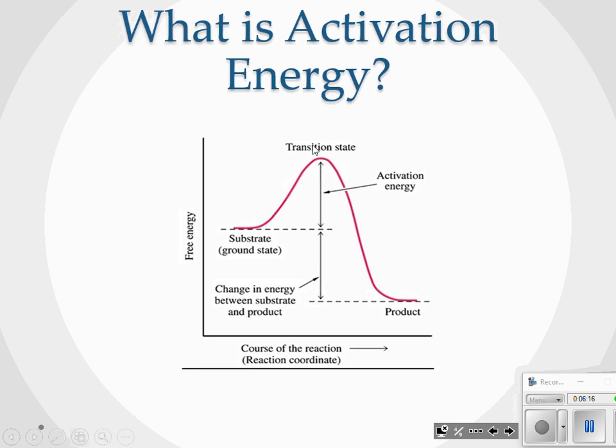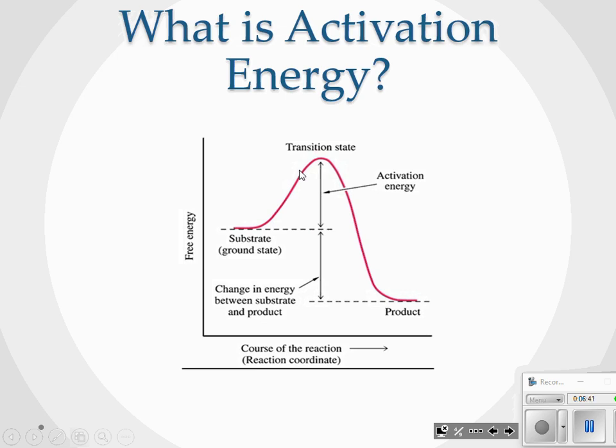You can see up top there, that is what we call the transition state. The reactants are transitioning into products. The whole activated complex up there: at that part, we have neither reactants nor products. We have a combination, the activated complex.